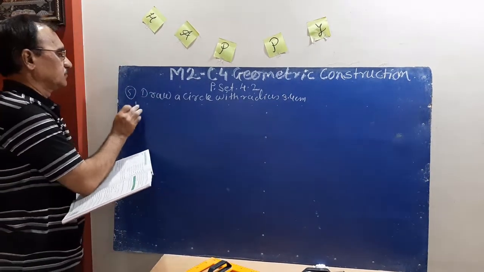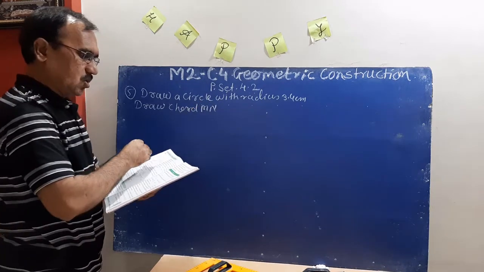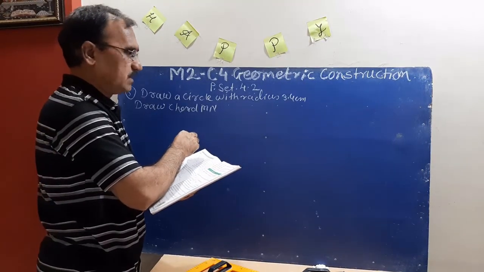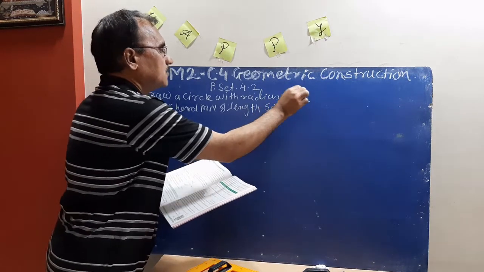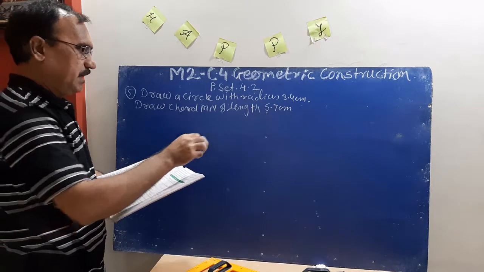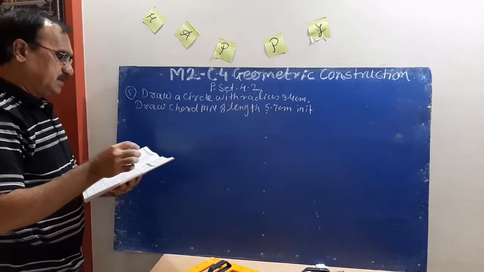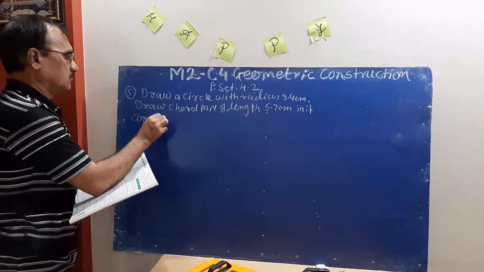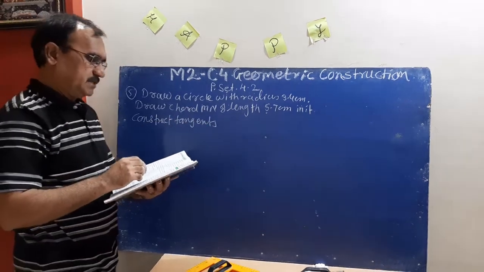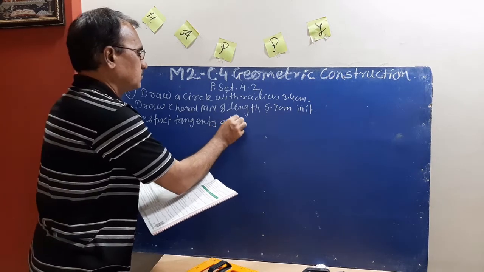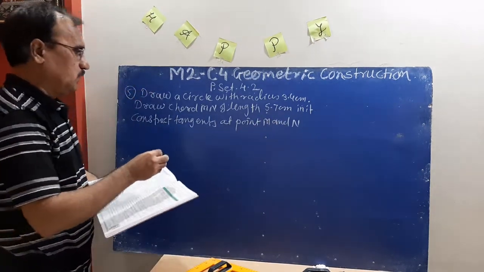Draw chord MN of length 5.7 cm. In it, construct tangents, plural, tangents at points M and N to the circle.